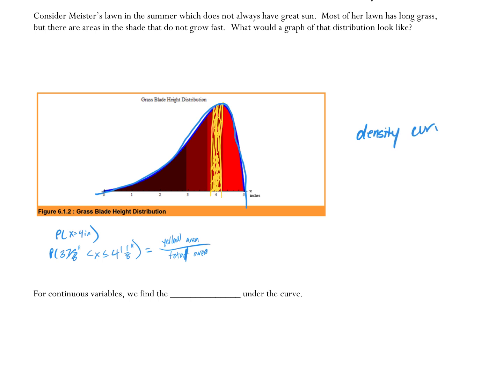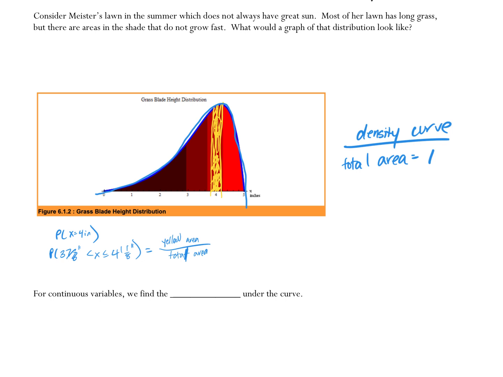The biggest idea I need you to understand about a density curve is that underneath it are all of the possible outcomes. So the total area underneath is equivalent to the total probability of every outcome. What is the total probability of every outcome? 1.